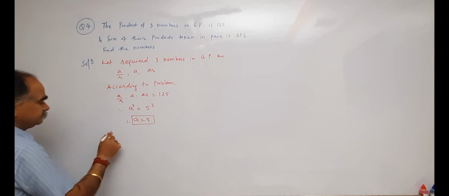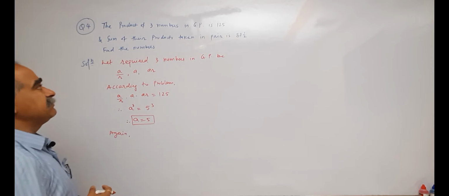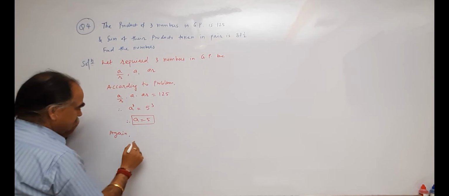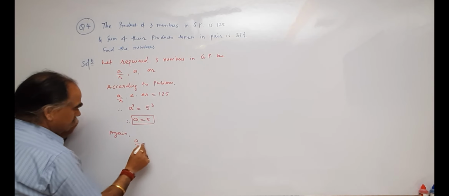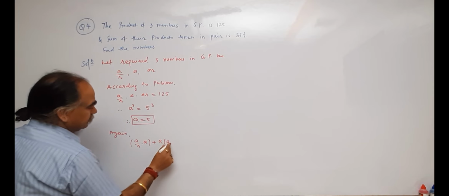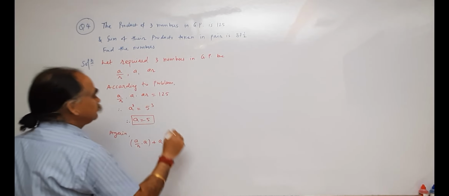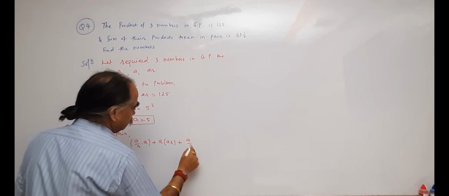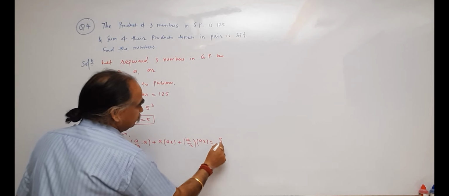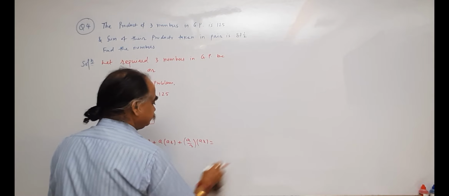Again, the sum of their products taken in pairs: a upon r into a plus a into ar plus a upon r into ar is 87 and a half.